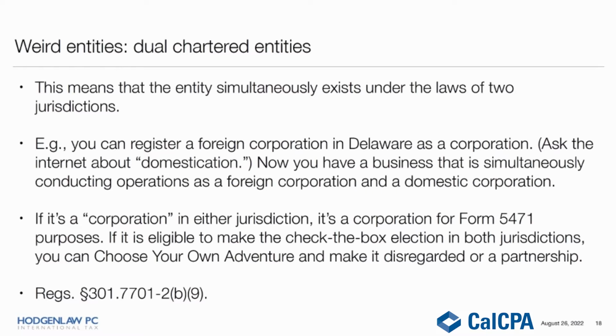So for your purposes, if you come across one of these dual citizenship corporations and you're trying to figure out whether you have a Form 5471 filing requirement, the general rule, and you can see the cite to the regs down there, is if it must be a corporation in either of the jurisdictions, you've got a corporation for Form 5471 purposes. If it is eligible to check the box and be something else in both places, you can choose your own adventure, check the box, and make it whatever you want.